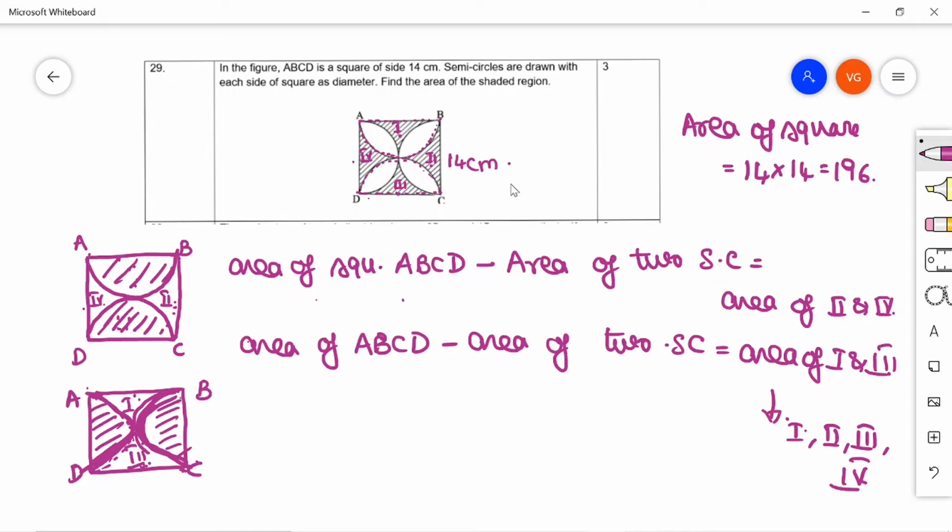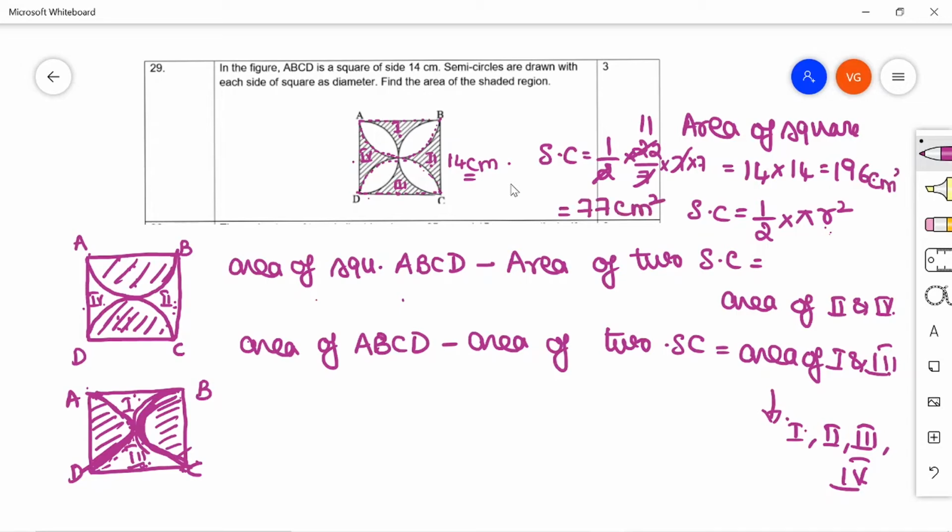So area of semicircle is half of area of circle, that is pi r square. Here diameter is 14, so radius will be 7. So semicircle area is half into 22 by 7 into 7. So 7 will get cancelled. This is 11 times 7, so I will get 77 centimeter square.